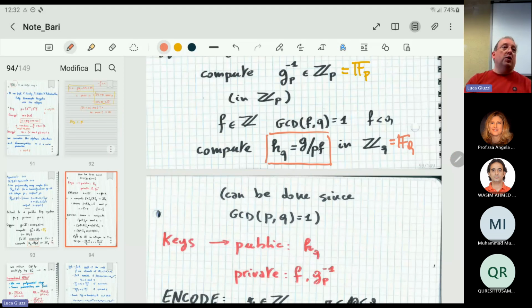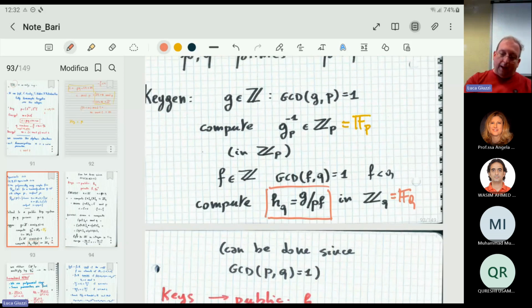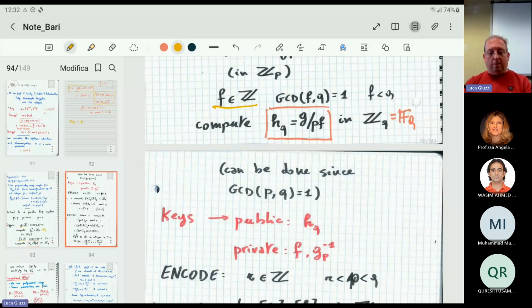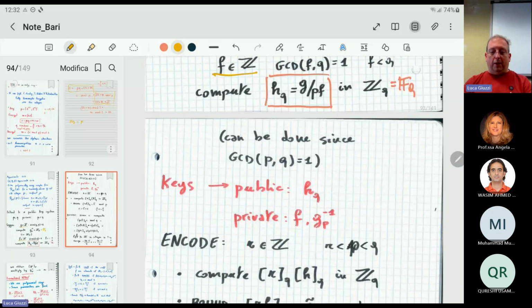And F we have chosen in such a way as to be invertible, different from 0. And here once more, I stress, I know that perhaps I've been pedantic, but it's the key of the algorithm, that both F and G are integers. So public key, H_Q, private key, F and G to the minus 1.